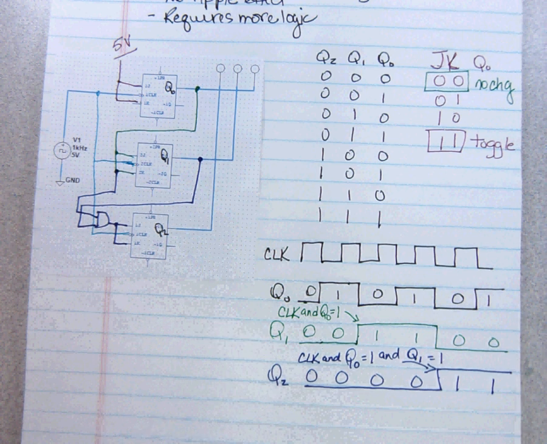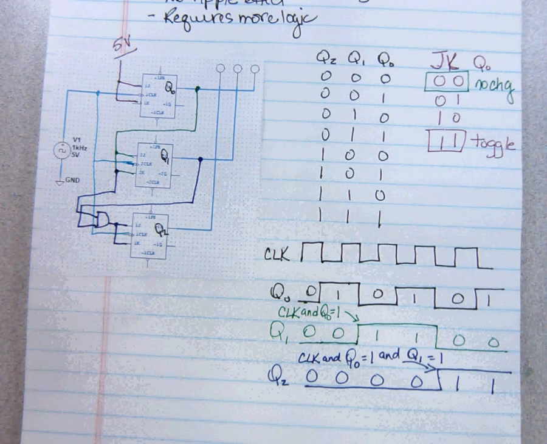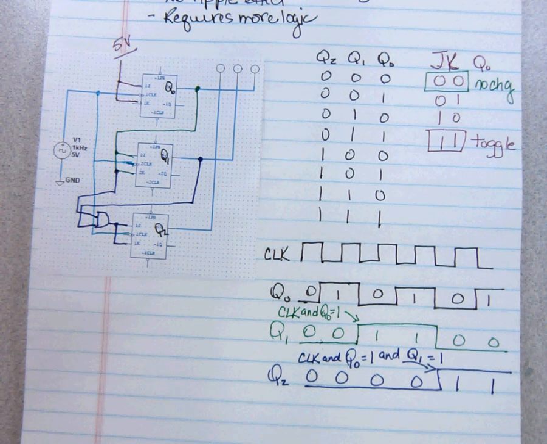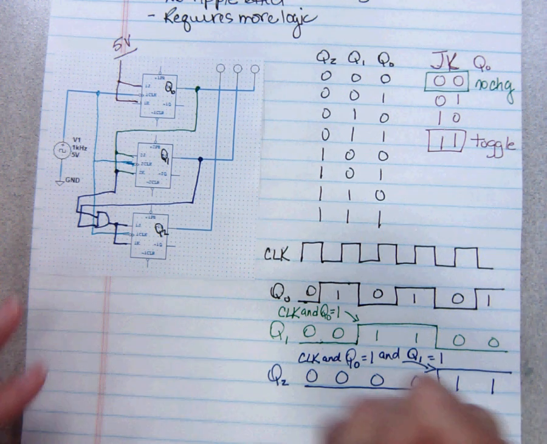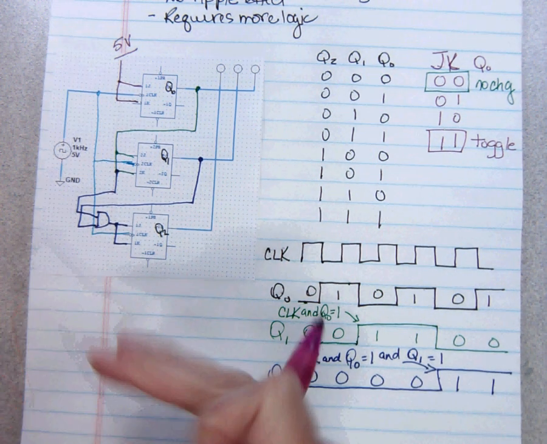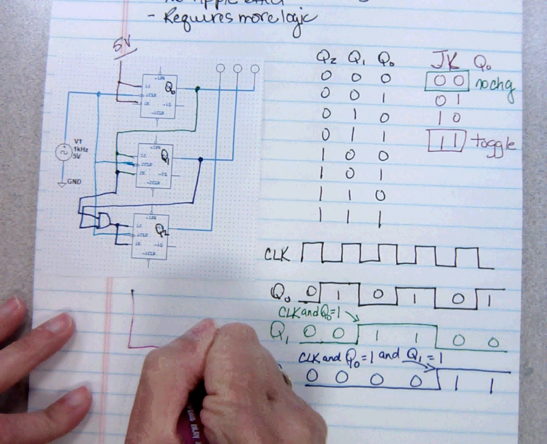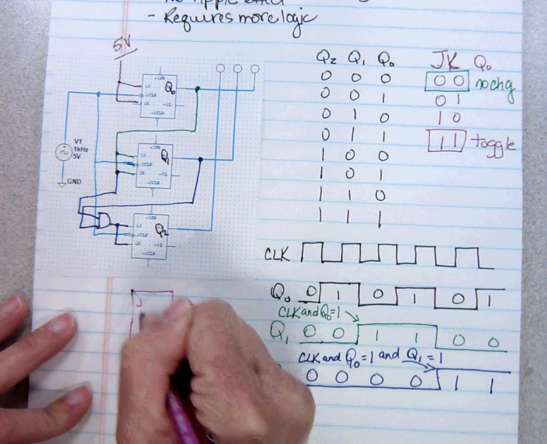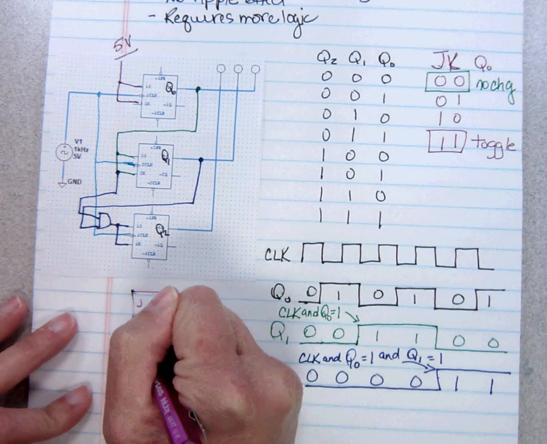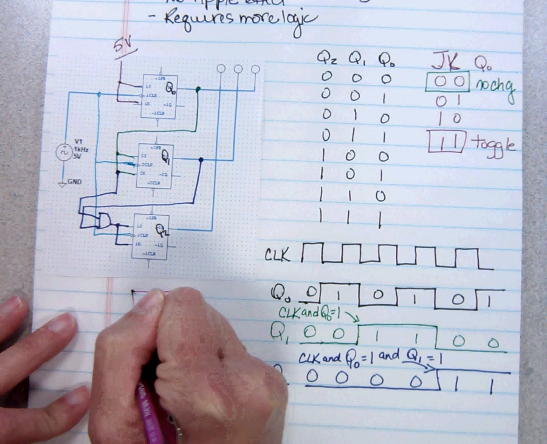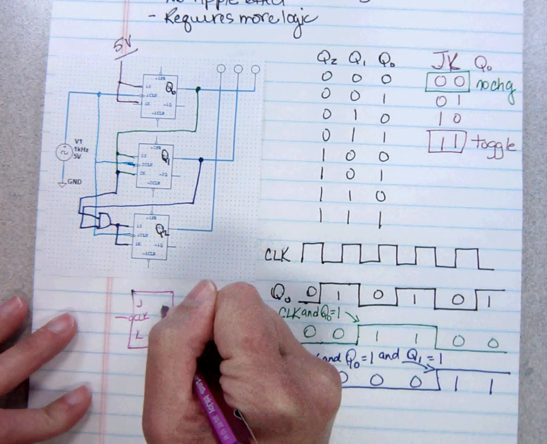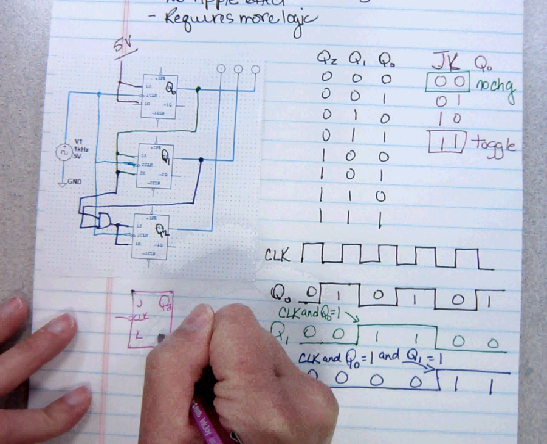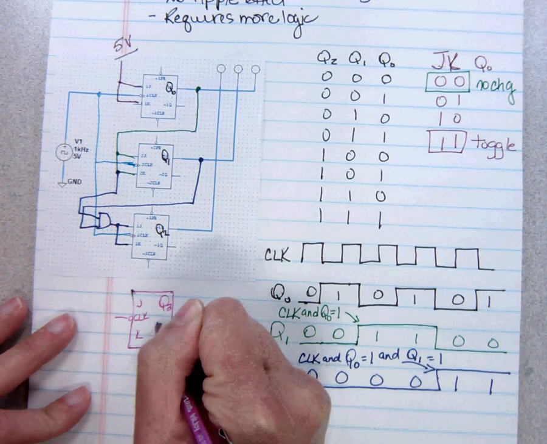Now, how would I create a 4-bit up counter? Hopefully you can see that what I would need to do is add another flip-flop. I would add another flip-flop here. I've got JK, my clock, again falling edge clock. I'd have Q3 and Q3 not.